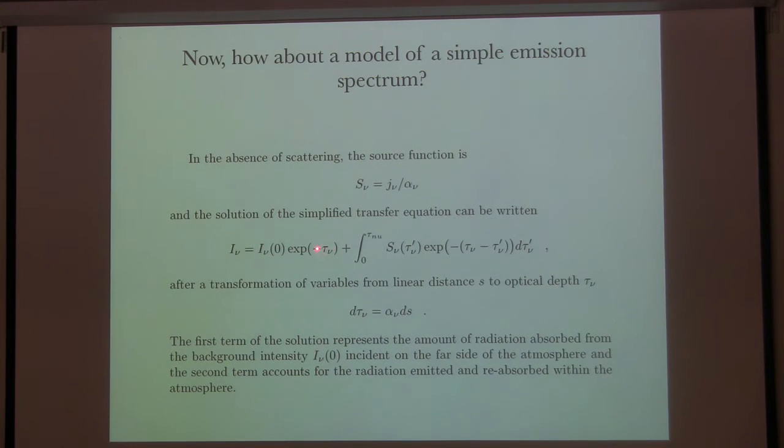This is the absorption term, the optical depth. We've transformed from linear depth through the absorbing column to dimensionless optical depth. And then for the emission contribution, we have an integral over something called the source function times the attenuation of radiation at exactly that frequency through the source medium itself.